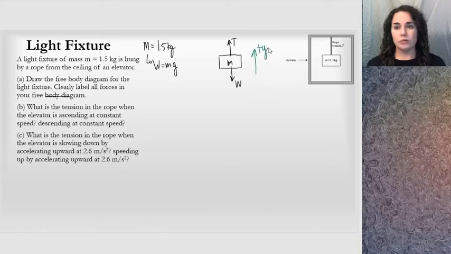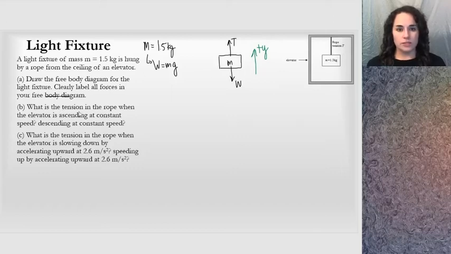It doesn't matter whether you make up positive or down positive, as long as you're consistent within it when you're setting up the Newton's second law equation. So I'm going to apply that coordinate system. I don't know about acceleration yet, but I can add that in there as I learn more about the problem.